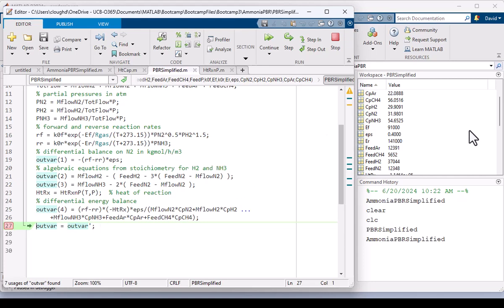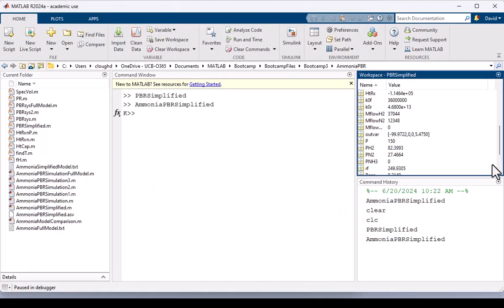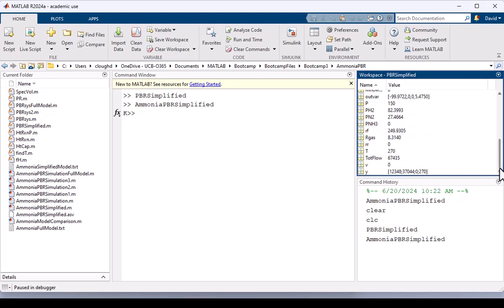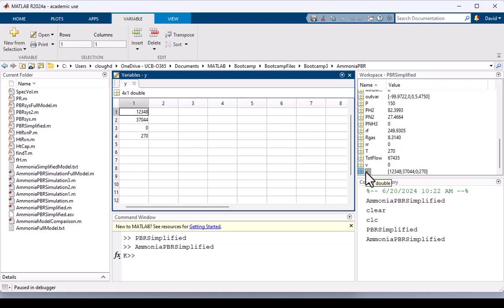And over in the workspace, we can take a look at all of the values that have been computed. Down here, we can take a look at the partial pressures to see if that makes sense. We can look at the Y values by opening up the matrix and see that these are the derivatives that we have, the first and the third.